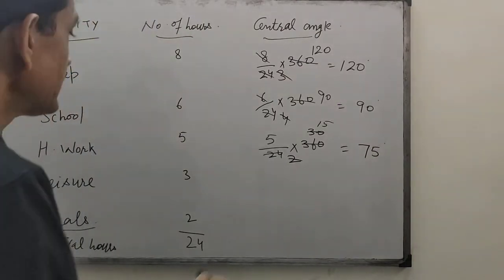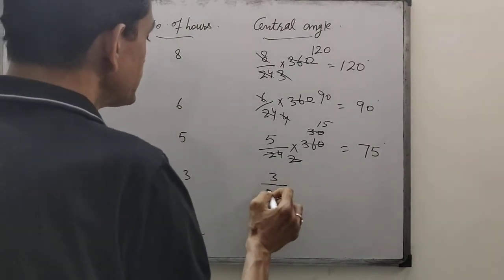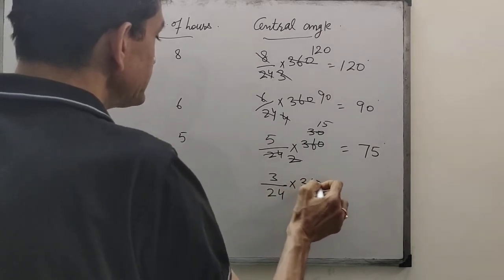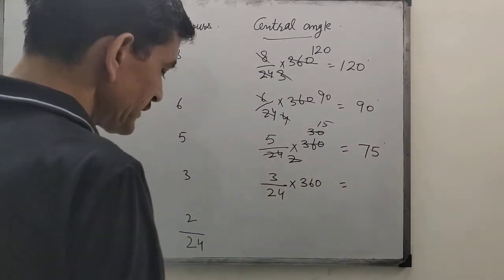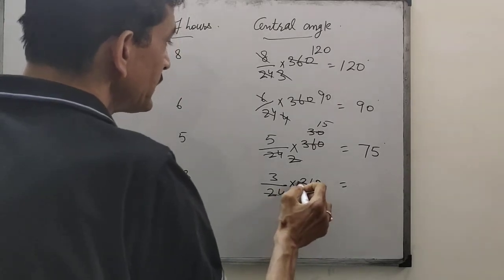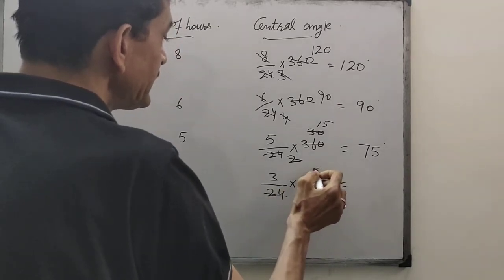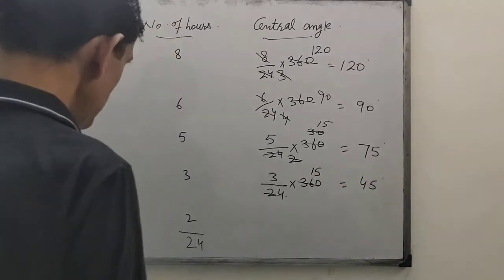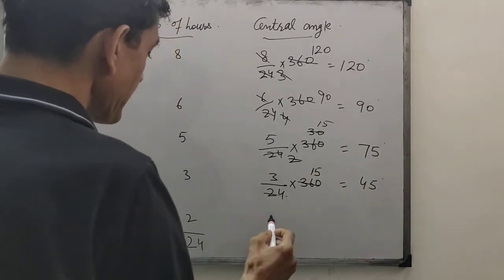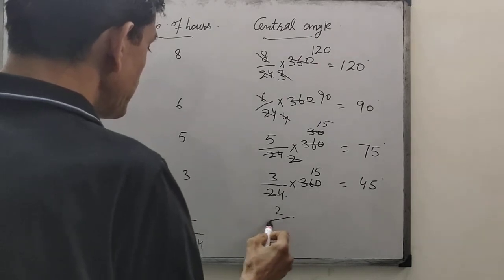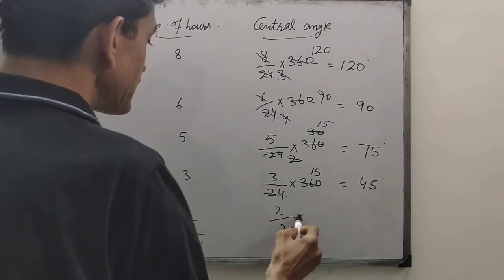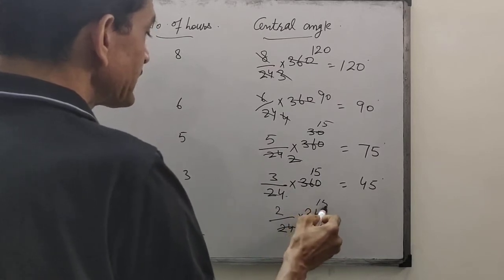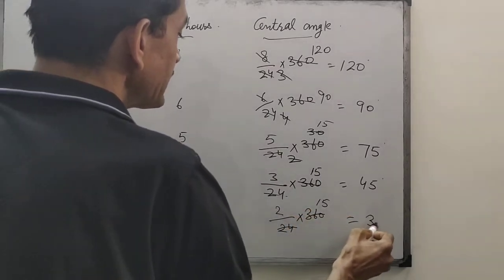Next angle is leisure: 3 by 24 into 360. 24 times 15 is 360, so 45 degrees. And meals: 2 by 24 into 360. 24 times 15 is 360, 15 twos are 30.